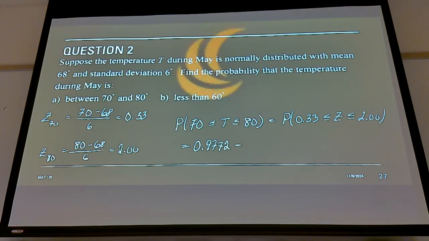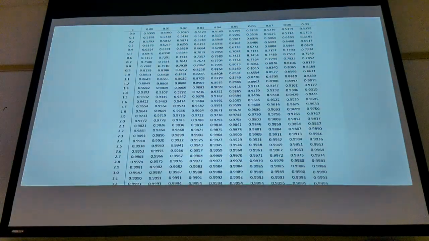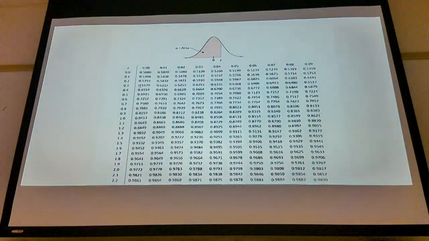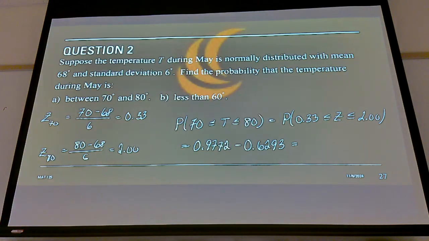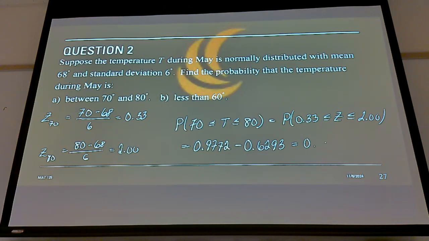Right. Minus the probability that z is less than or equal to 0.33. Which is right there, 0.6293. Point 3479.